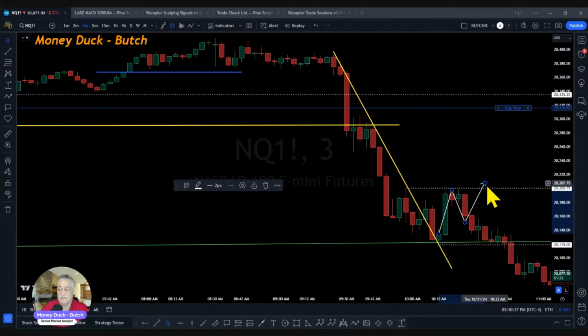This is what you say to yourself as you're trading. So at that point, I look and I say low, high, higher low, higher high. And then I want to see a pullback to test this level. At that point, I would get out of my short and get in long.